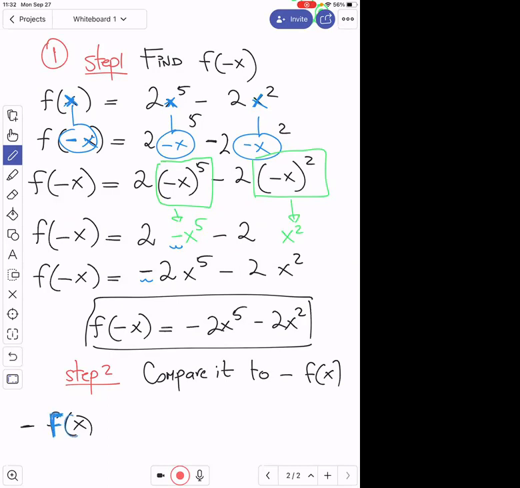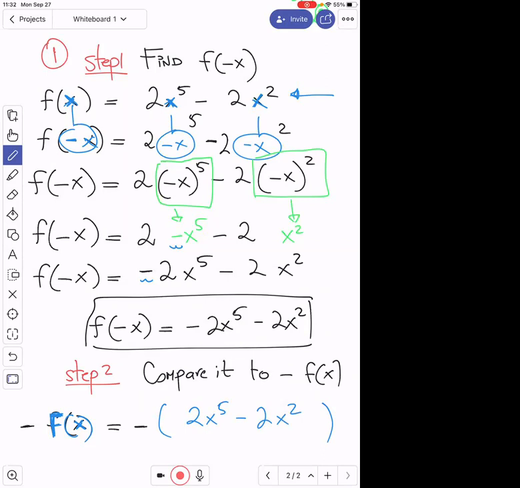This is equal to minus, and as I said, guys, you need to put your function f between parentheses. That's really important because you have to distribute the sign later. So what's my function f? It's 2x^5 minus 2x squared.